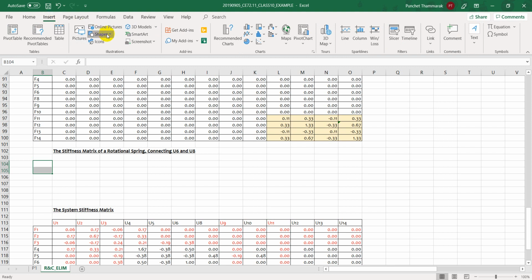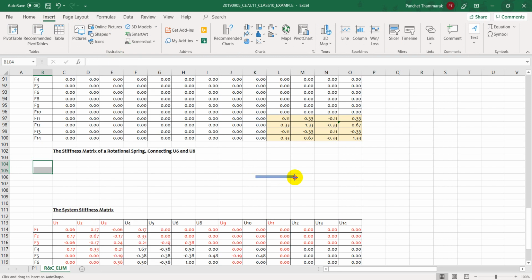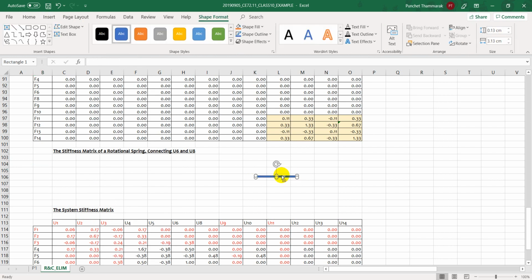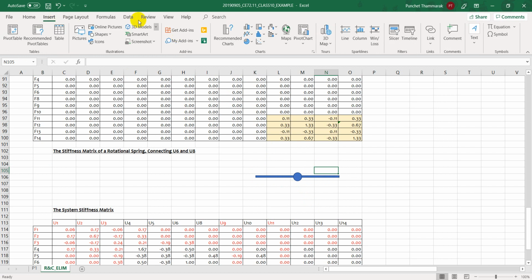So let me see. All right, I can draw the shapes, this one and another of this one, and a perfect circle over here, and then where is it?